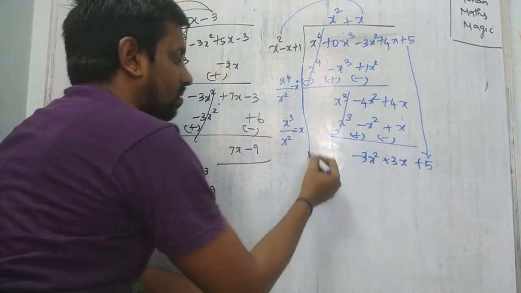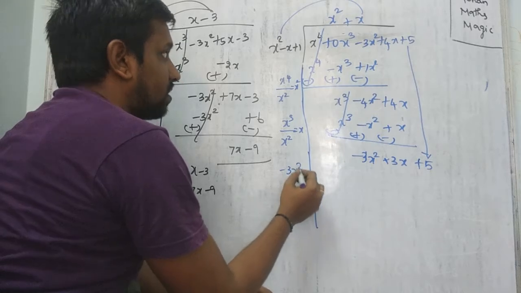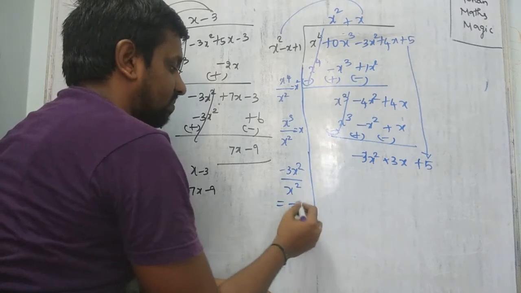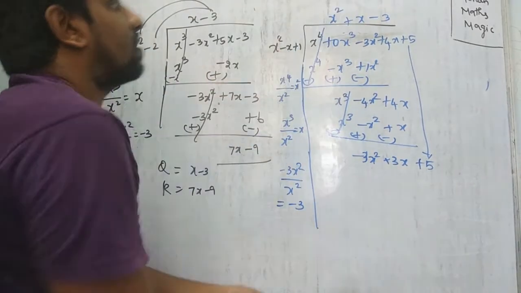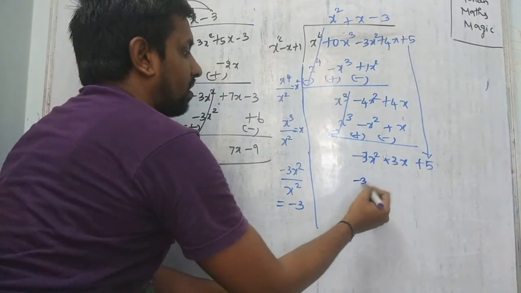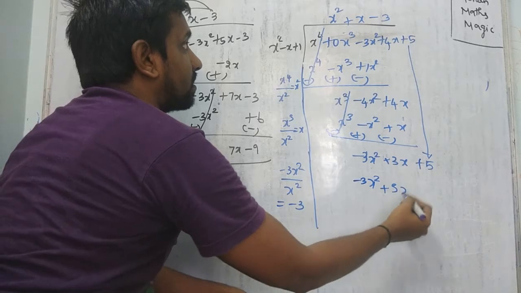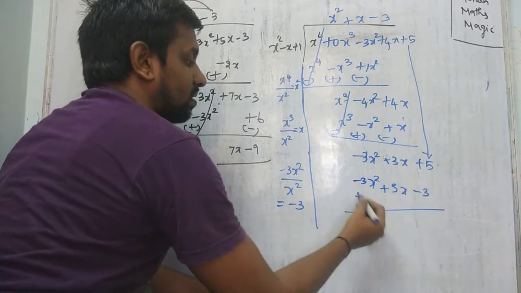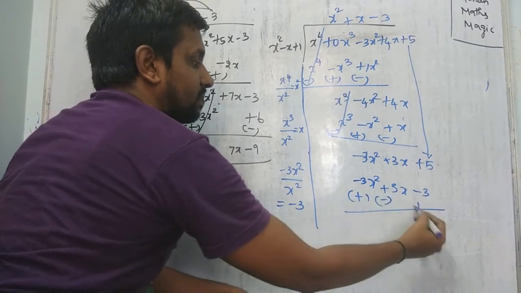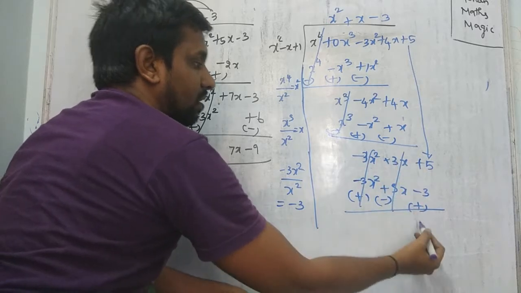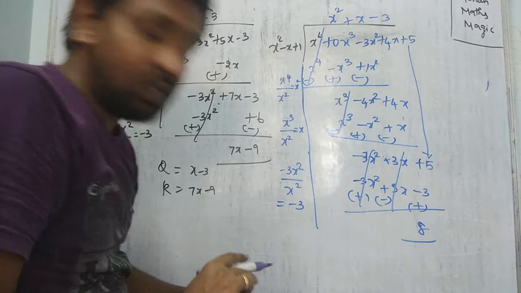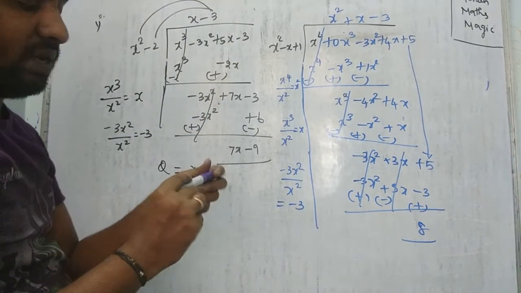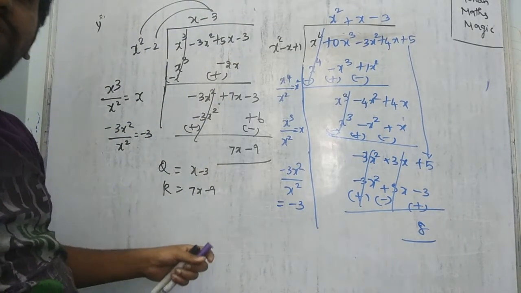Plus, I should bring down minus 3x square, again first term by first term, minus 3x square minus 3x square plus 3x minus 3. Change the symbol. I got 8. Yes, you are right, separately the quotient and the remainder. First Roman third sum.